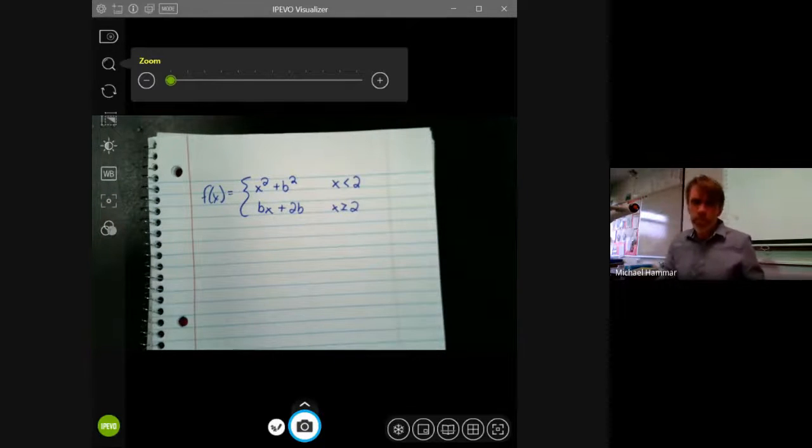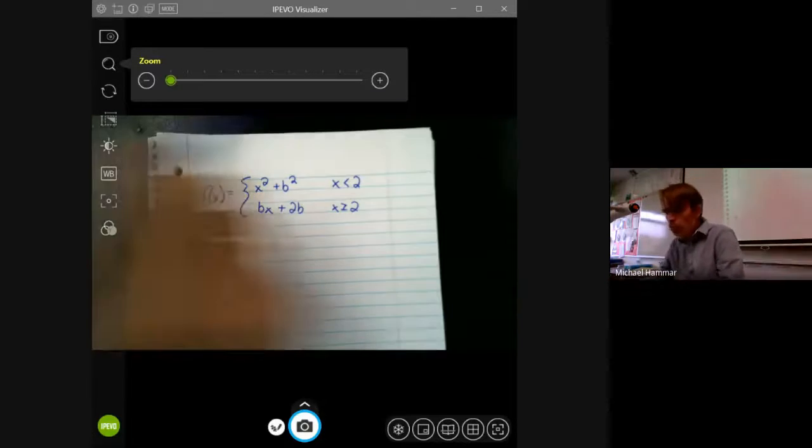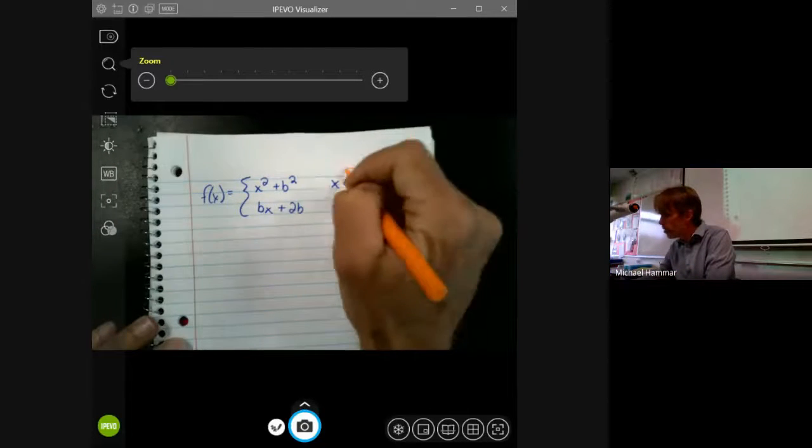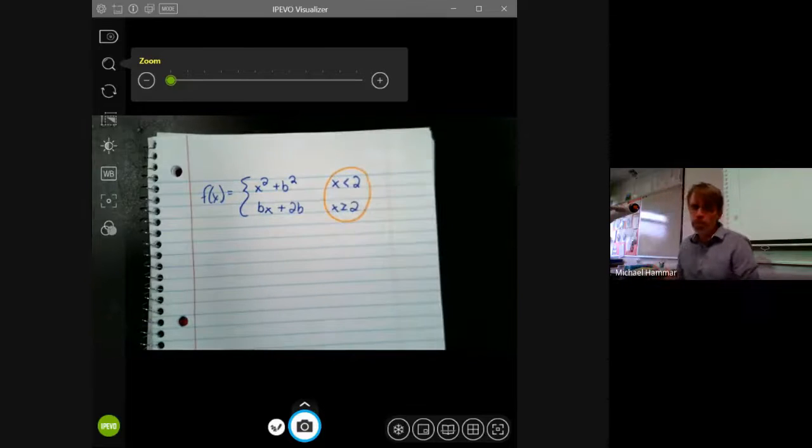So here's the thing. This is a piecewise function. We know that at 2, we are going to have some sort of issue. That is why these are our restrictions. Both of those functions below 2 are going to have to be continuous functions. After 2, it's going to have to be a continuous function.